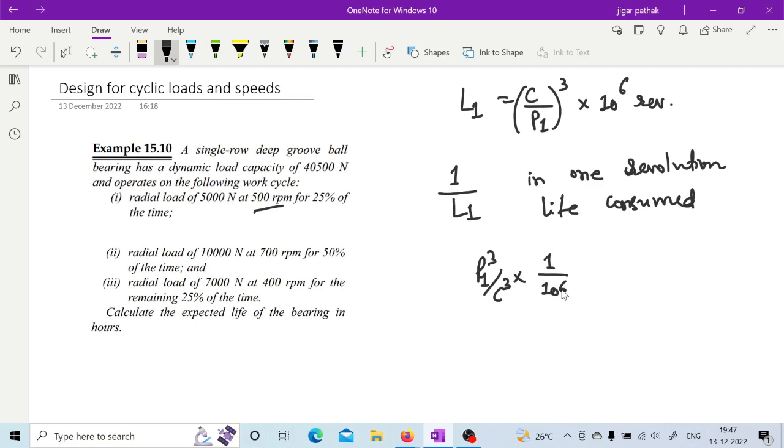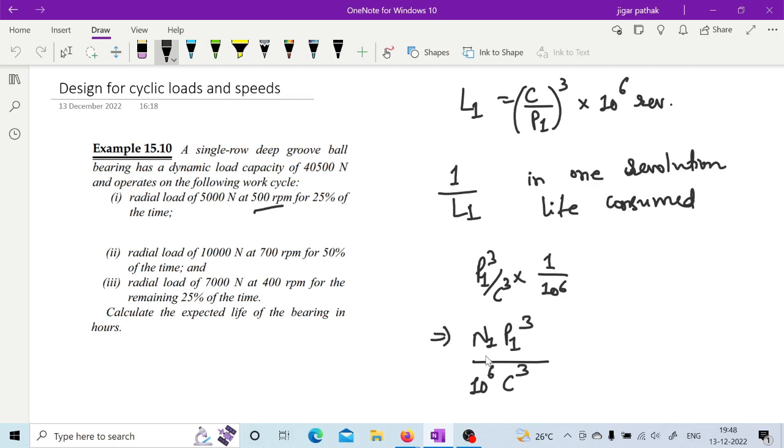Now if the first element consists of n1 revolutions, then the life consumed by the first element is given by n1 P1 cubed upon 10⁶ into C cubed. The same way you can go on adding the life for the other RPMs.